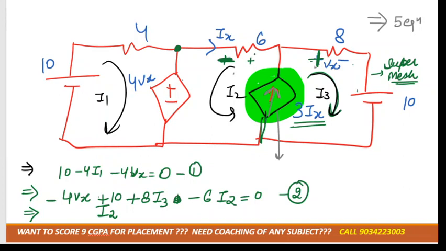I2 is moving up to down, 3ix is also moving up to down, and I3 is also moving up to down. All are in the same direction, so it would be I2 plus I3 equal to 3ix. That is the third equation. Clear? So these are the three equations that we get from the mesh.